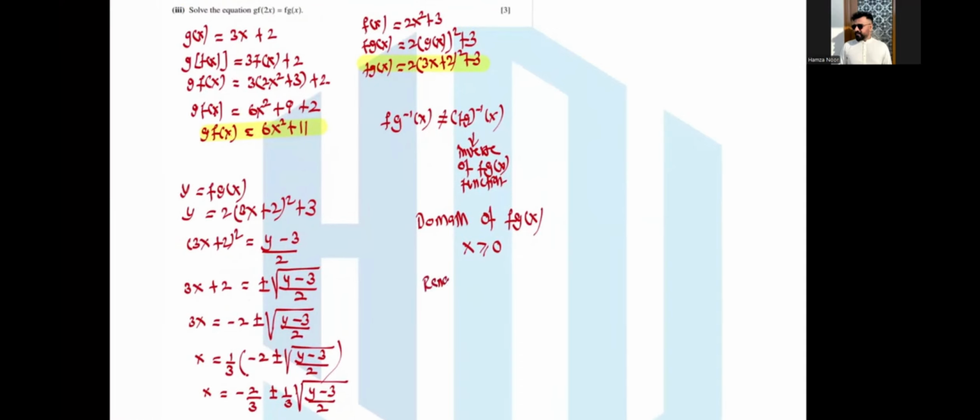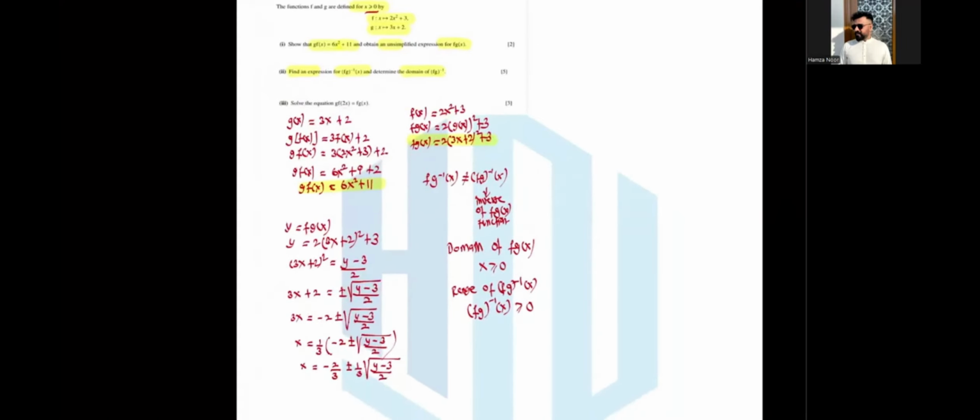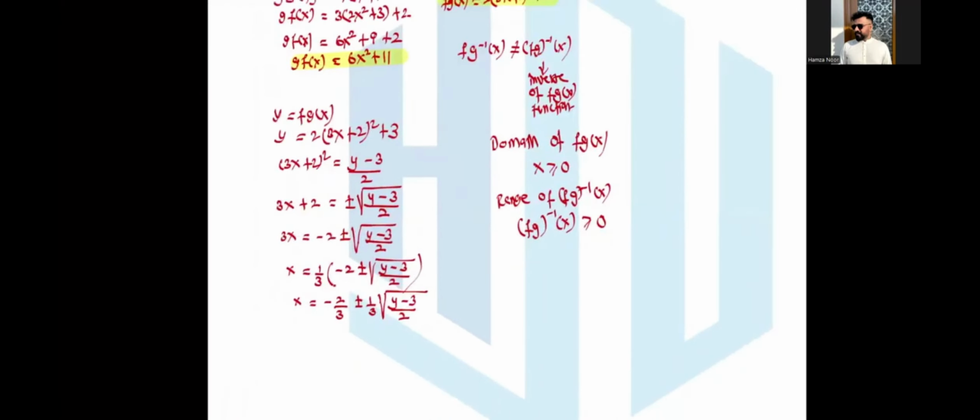So therefore I'm going to say that the range of the inverse of f(g(x)) is that the inverse of f(g(x)) is greater than or equal to 0. Now in place of x, I'm going to write the inverse of f(g(x)), and in place of y, I'm going to write x.